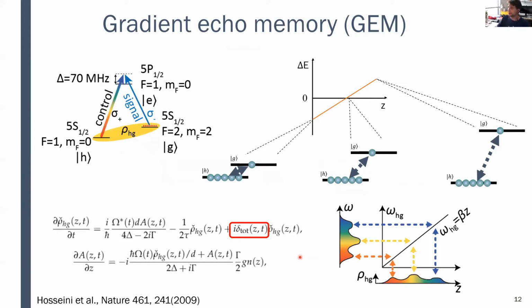Furthermore, we place our atoms in a gradient magnetic field, such that when the signal field is input, different frequencies of the signal will be mapped into different z positions along the very long atomic cloud. This can be modeled as a set of Maxwell-Bloch equations. In fact, this protocol has been realized before in different atomic systems.